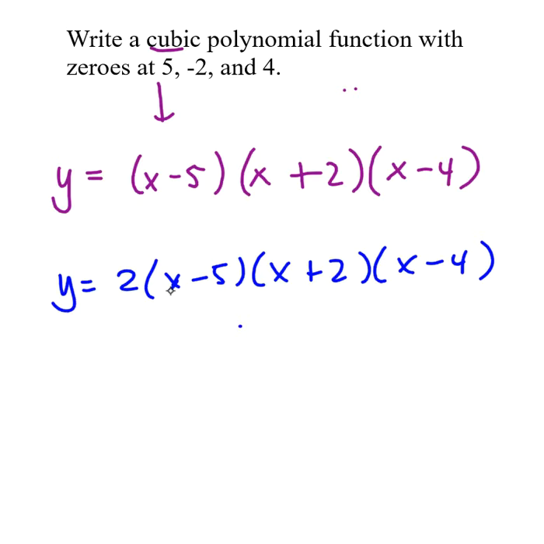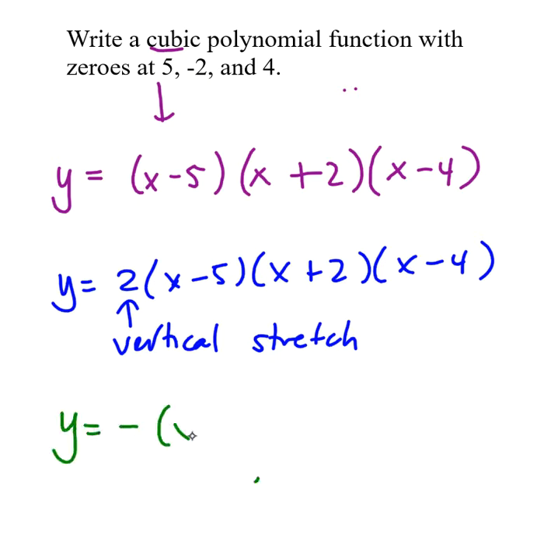It would have a vertical stretch of 2 on it. And I could even have negative x minus 5, x plus 2, x minus 4 as another polynomial. This would have a reflection.